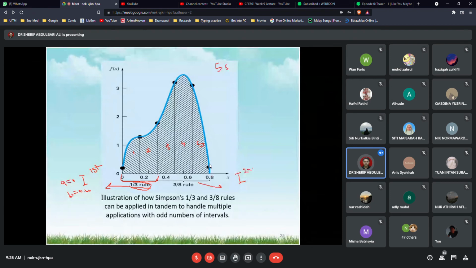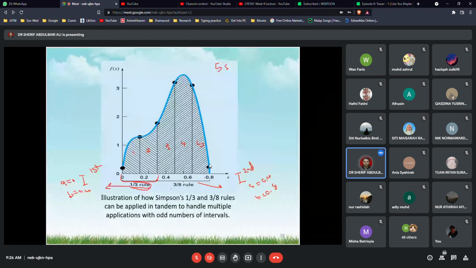But the limit here is not from 0. The limit is from 0.4 to 0.8. So a is equal to 0.4 and b is equal to 0.8. Why are we making two integrals? Because the equation to solve for 1/3 is not the same equation we solve for 3/8.